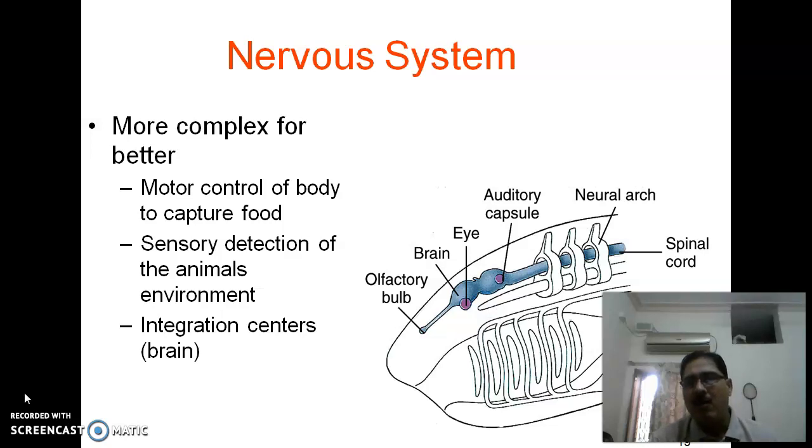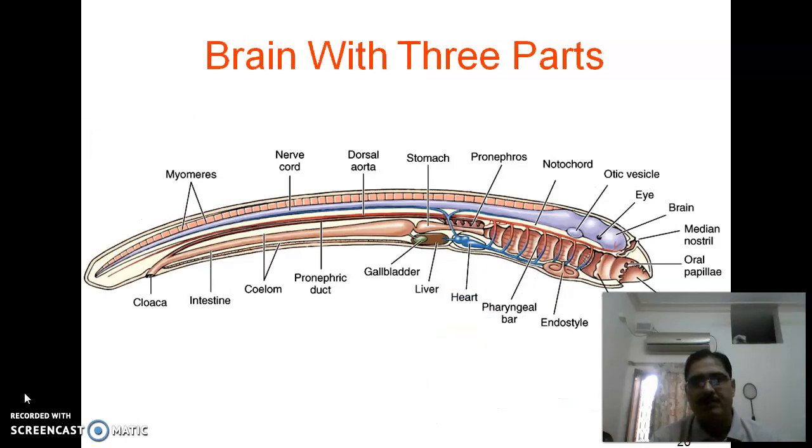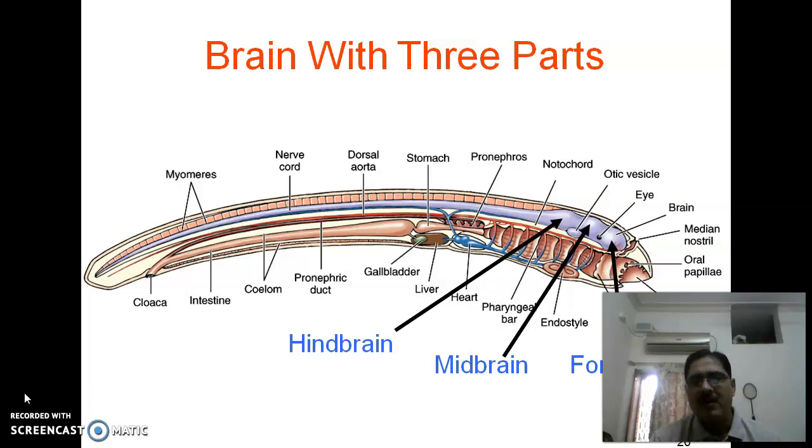Apart from olfactory bulb, they have good vision. They have auditory capsule. When we look at the brain, we can easily locate the three main parts of the brain. First, the anterior brain, which is known as the forebrain, then the midbrain, and in the last, the hindbrain, which continues with the spinal cord.